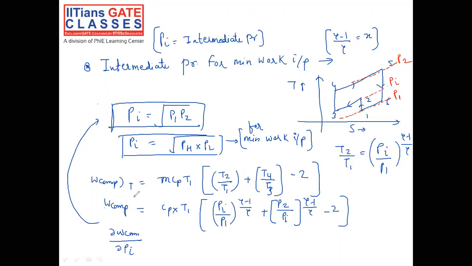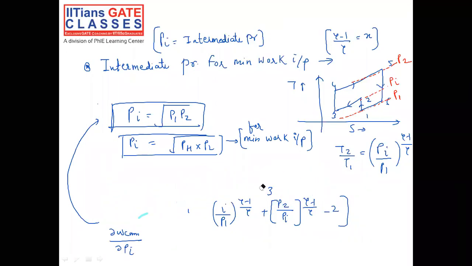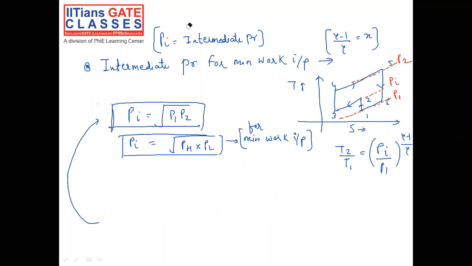Now coming to the solution of this question. Now let's solve this question. We got all the idea about whatever the data has been given. Okay, so now we can write down under root of P higher into P lower, but P lower, that is P1, is given, that is 100 kilopascal, and total pressure ratio P2 by P1, that is 6, is given.